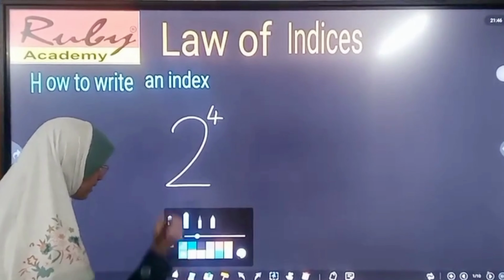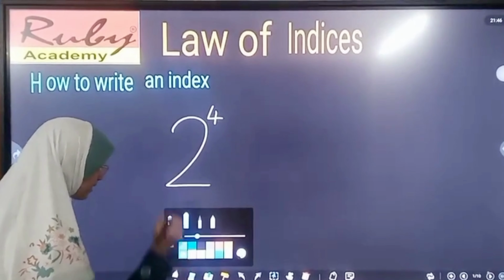A raised to m into A raised to n is equal to A raised to m plus n. Here you can see that we are adding the powers to get the result. Remember that the powers can be all numbers, negative numbers and fractional numbers.